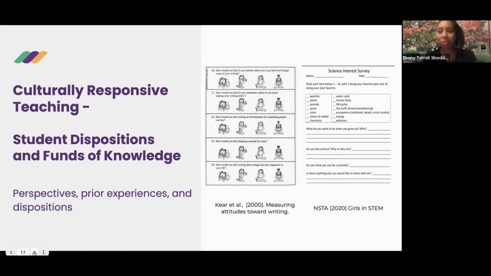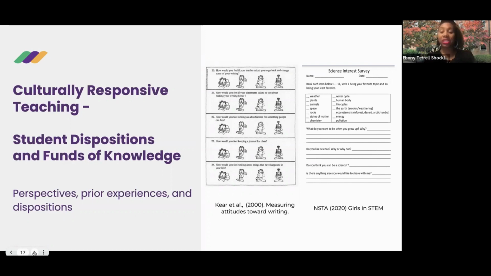How often do we switch papers in class? When we're writing, when we're doing the composition process or engaging students in some sort of feedback. Well, understanding whether students actually are okay with that is one way to consider their dispositions, which is being a culturally responsive teacher using data that you've gathered from the students. And that's just one question.